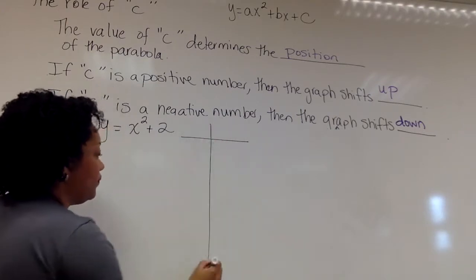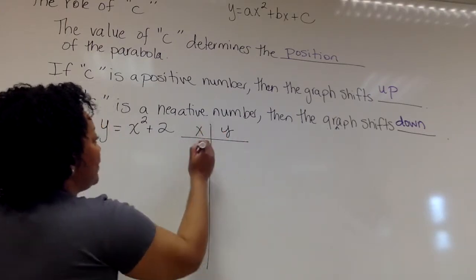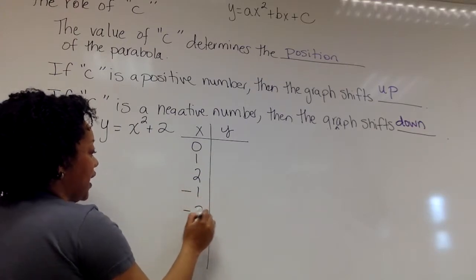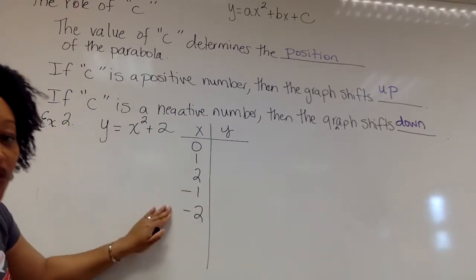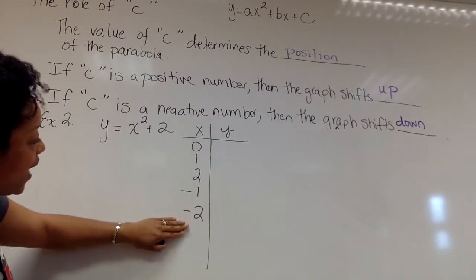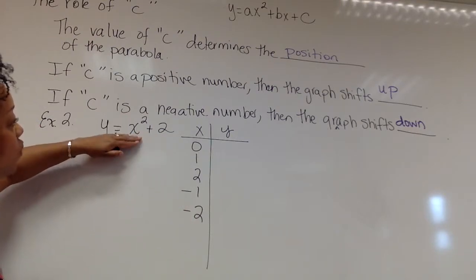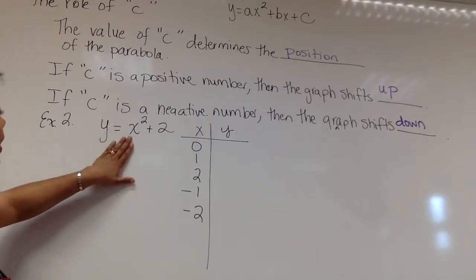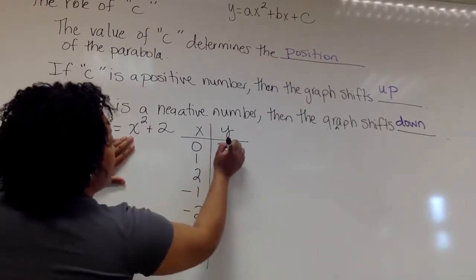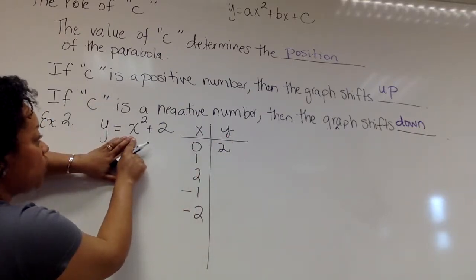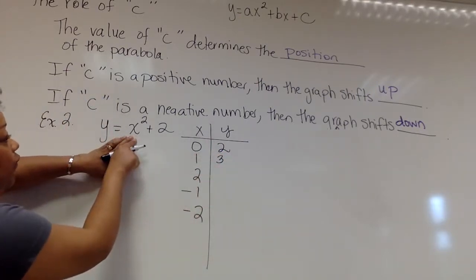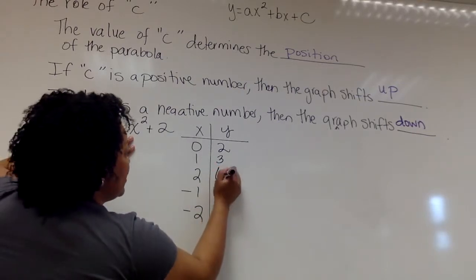So where do we start? XY table. What are our x's? 0, +1, +2, -1, -2. Now, evaluate your x values, plug and chug each one to get your y. This one you should be able to do in your head. So 0 squared plus 2 is 2. 1 squared is 1, plus 2 is 3. 2 squared is 4, plus 2 is 6.